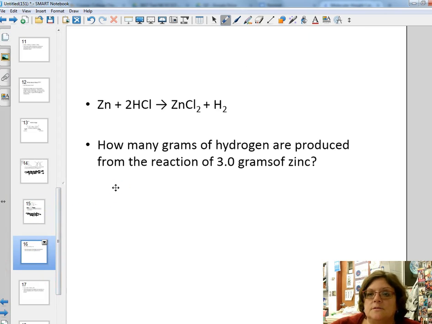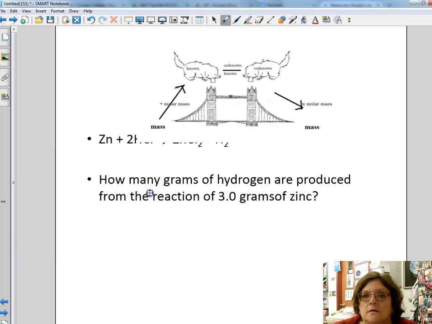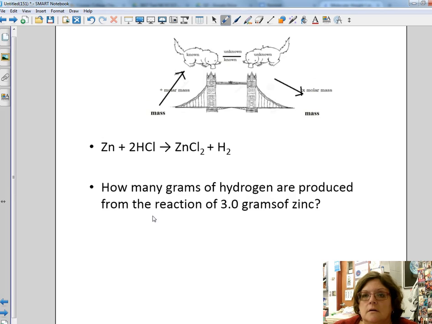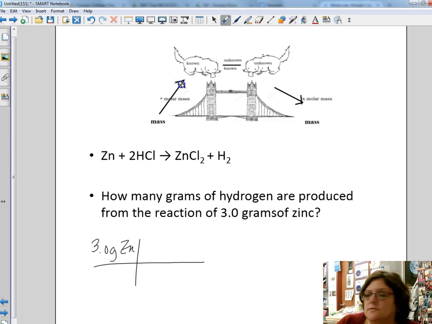How many grams of hydrogen are produced? We start with 3 grams of zinc. We're starting with mass. Divided by its molar mass, zinc has a molar mass of 65.39.